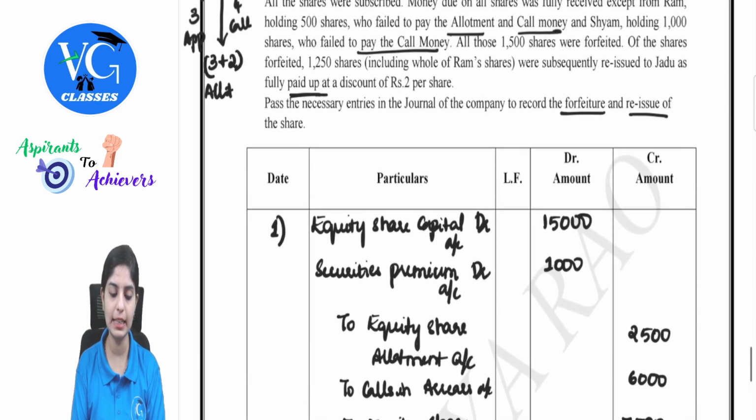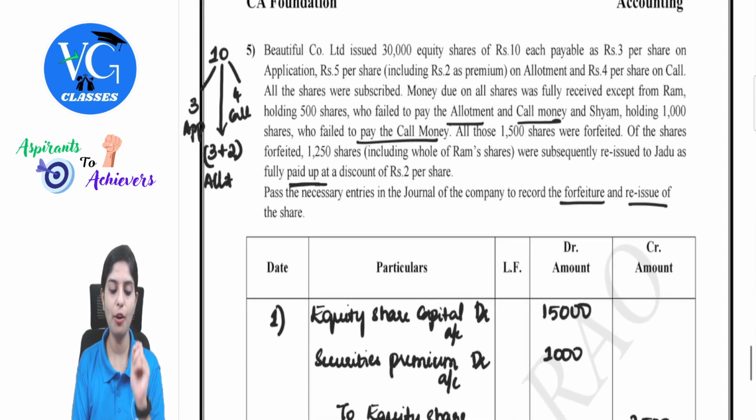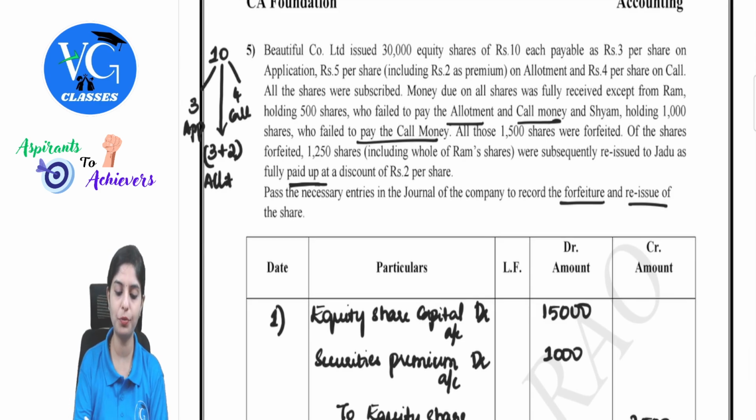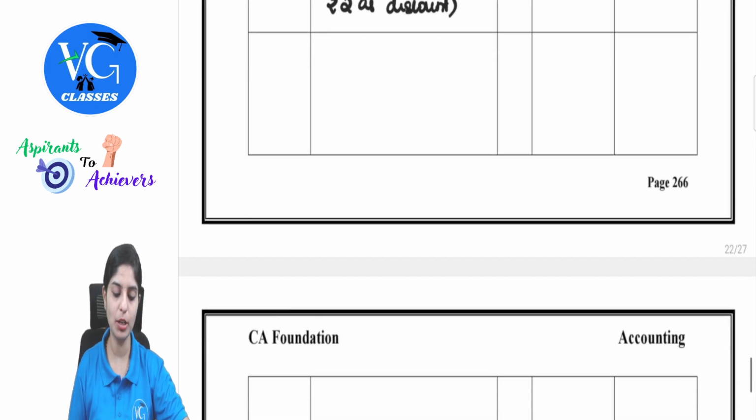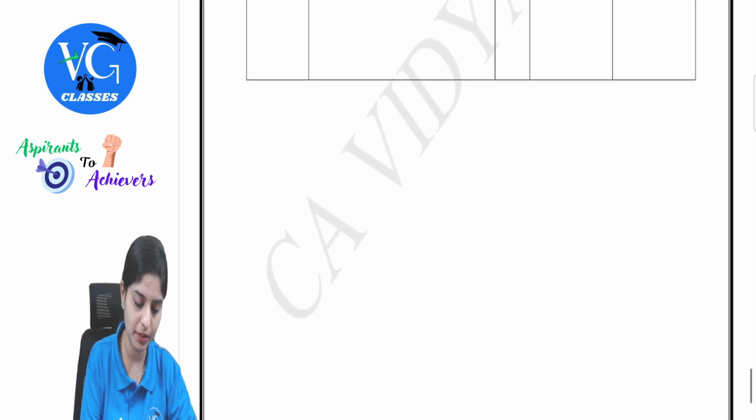Also, the question is clearly giving one additional point. Of the shares forfeited, 1,250 were subsequently reissued. This 1,250 should take complete shares of Ram representing 500 and balance 750 of Sham. So to understand how much should be transferred to capital reserve, we will make a working note.